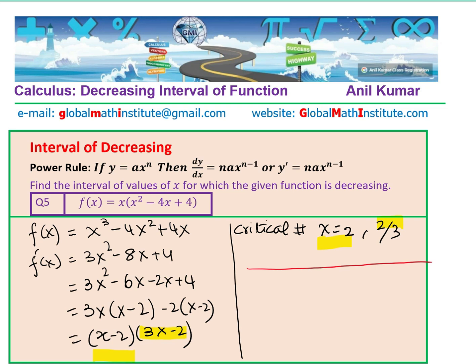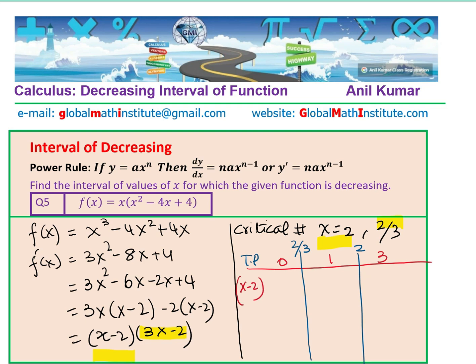So we will divide the whole line into three parts, with the critical numbers 2 by 3 and 2. Take a test point in each interval. Less than 2 by 3 could be 0, between them could be 1, and then 3. The function which we need to figure out is the derivative. So what is x minus 2?